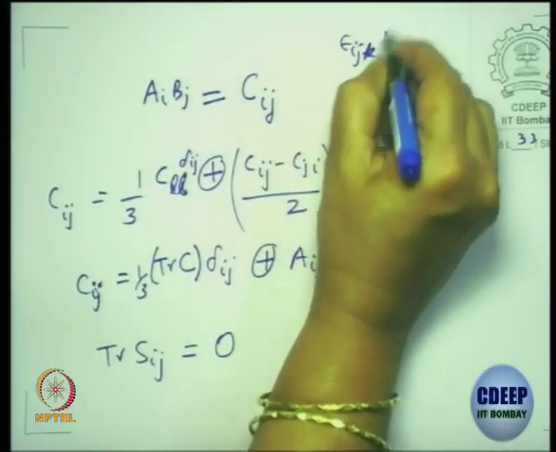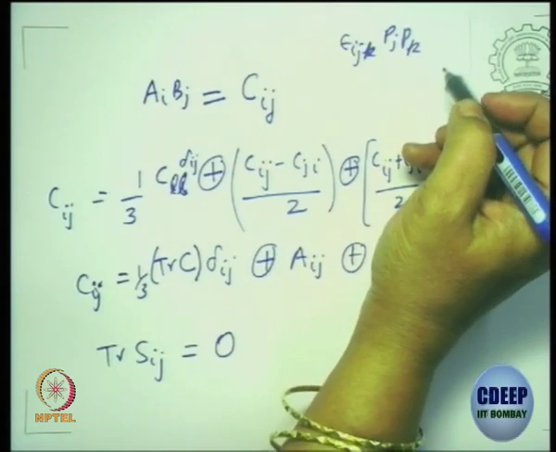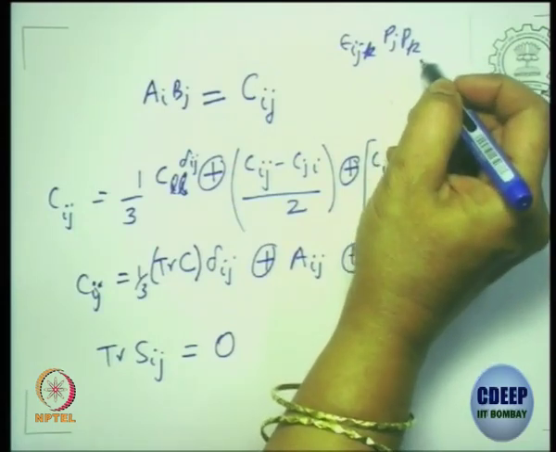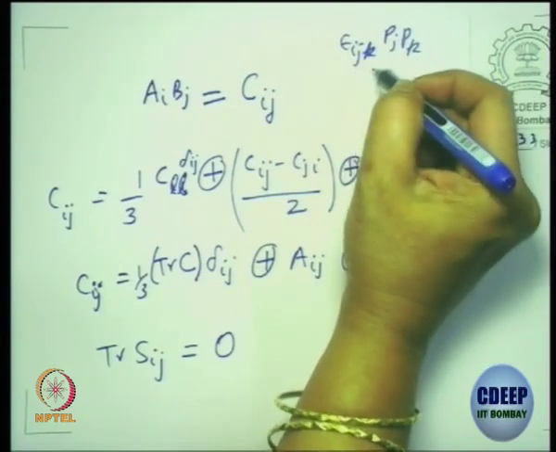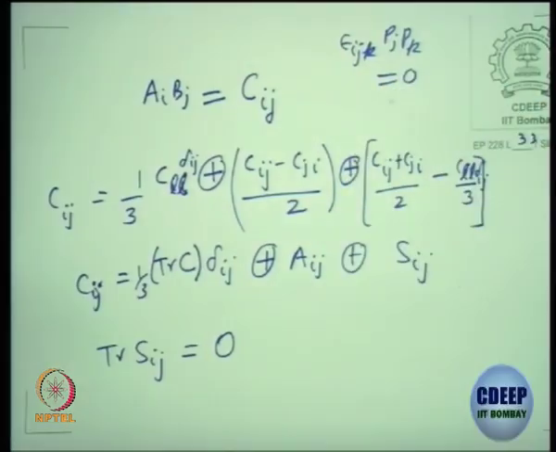Suppose I give you an epsilon ijk and a pj pk. What is this? This is symmetric, this is antisymmetric. It's always 0. So antisymmetric tensors and symmetric tensors are always in two different spaces.